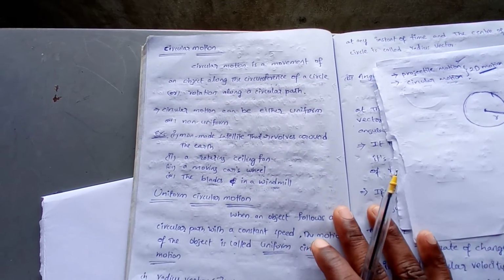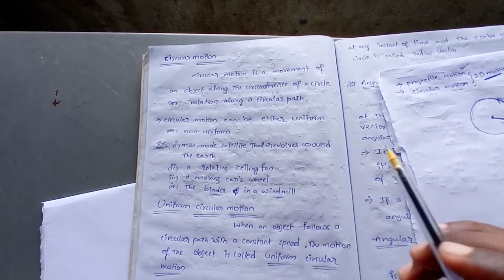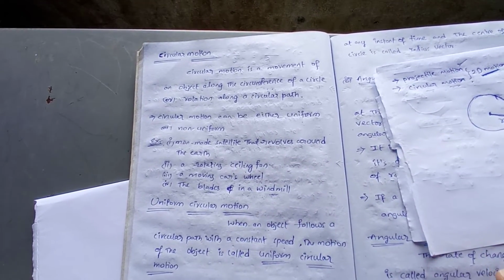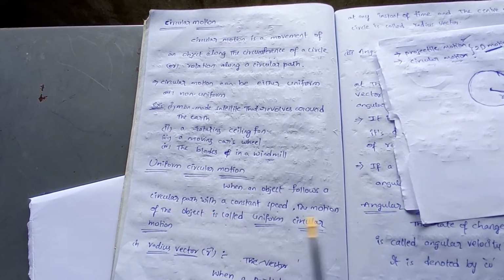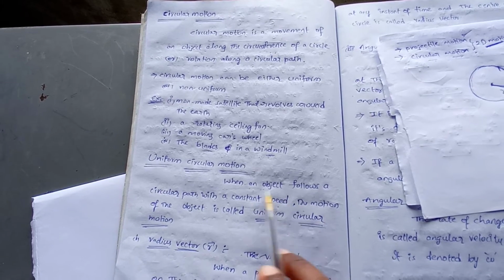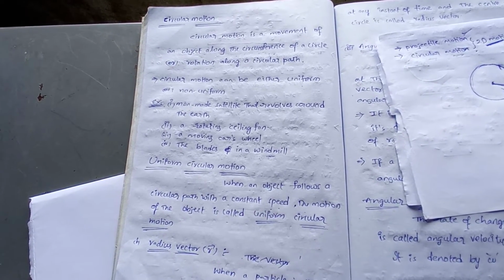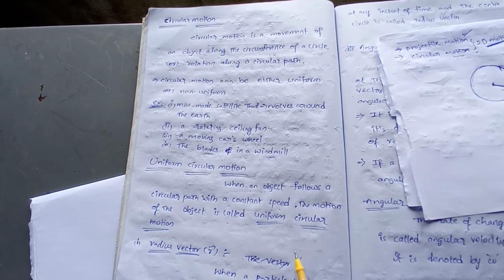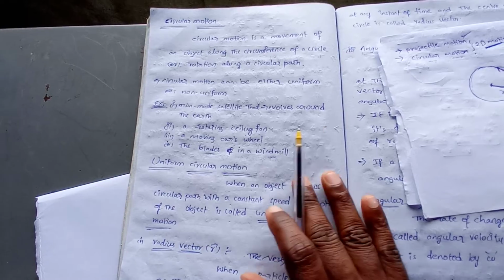Okay, next one is uniform circular motion. What is uniform circular motion? When an object follows a circular path with constant speed, here the speed is not changing, it has constant speed, then the motion of the object is called uniform circular motion.